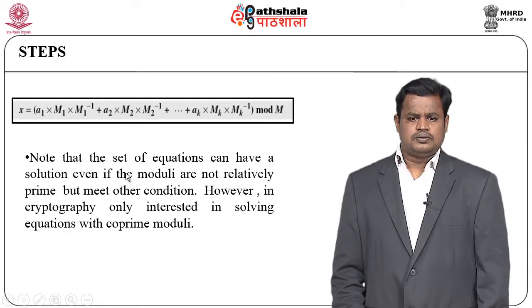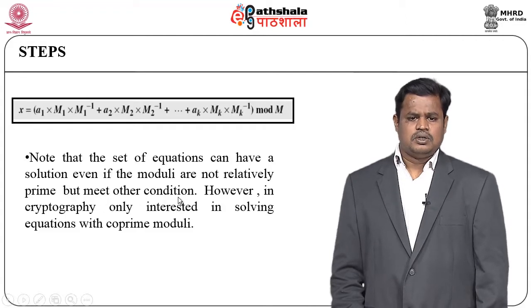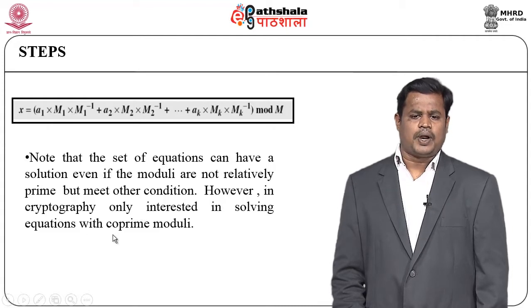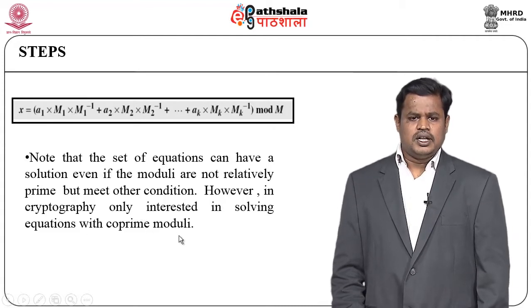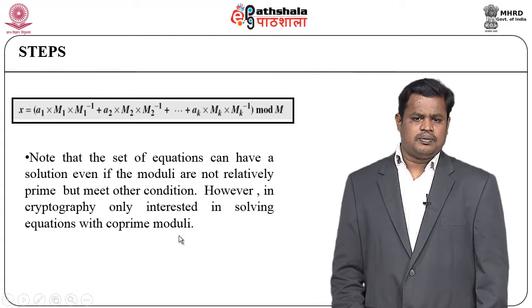The set of equations can have a solution even if the moduli are not relatively prime, but meet other conditions. But in the case of cryptography, the only interest is solving with co-prime moduli. So, in CRT we say that we only want to work on co-prime or relatively prime moduli.